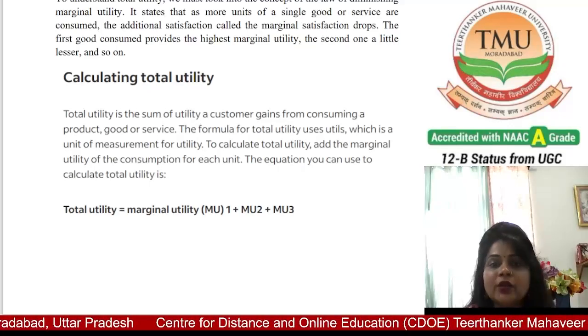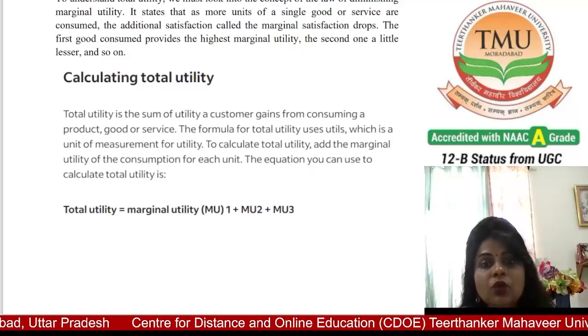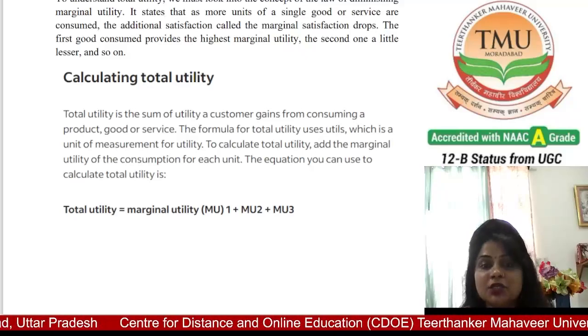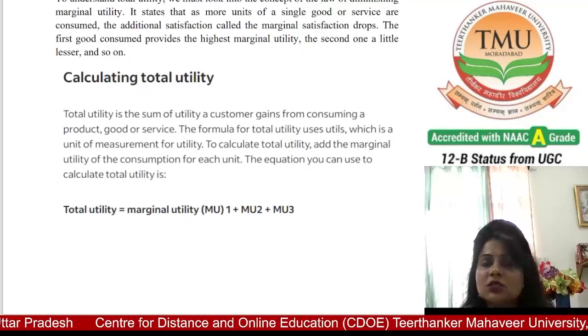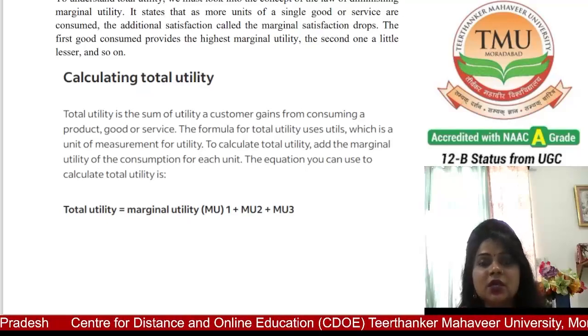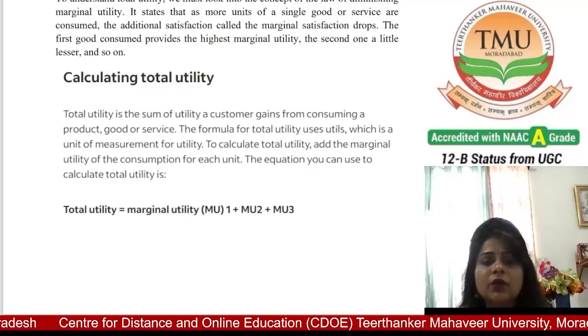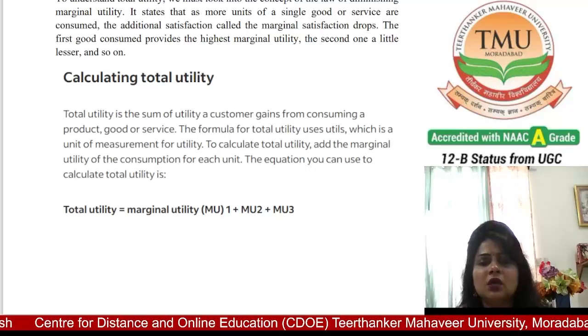To best understand total utility, one should understand the law of diminishing marginal utility that I have also explained, which states that as more of a single good or service is consumed, the additional satisfaction is referred to as marginal utility.